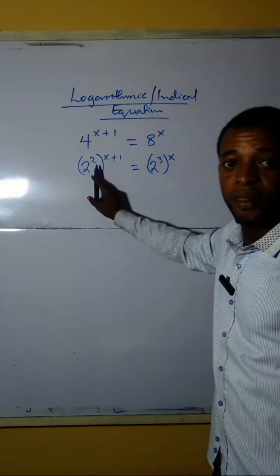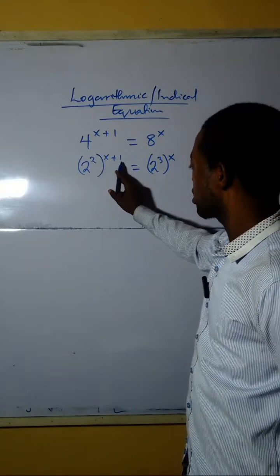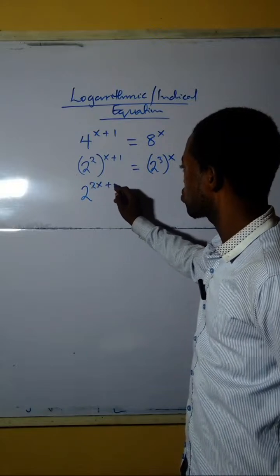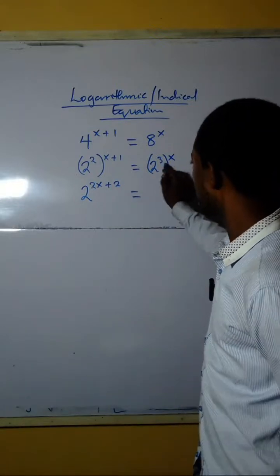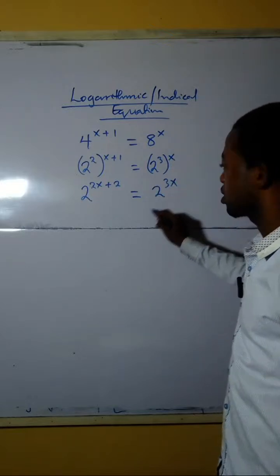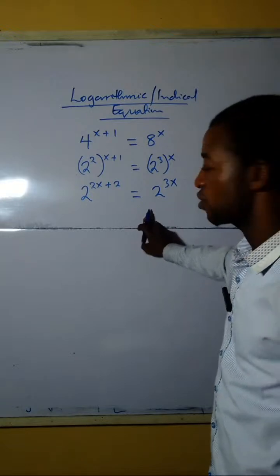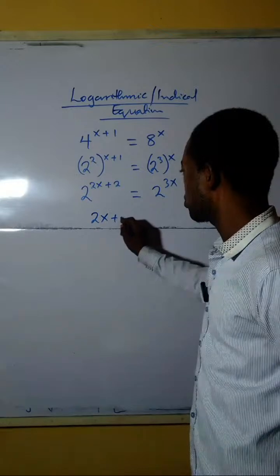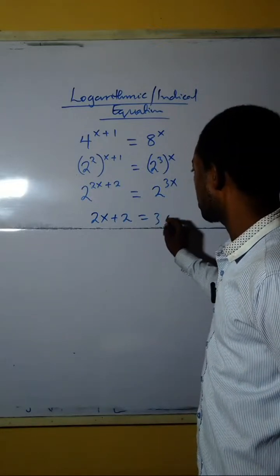Then here, 2 can multiply x and 1, so this becomes 2 raised to power (2x plus 2). That equals 3 multiplied by x, so we have 2 raised to power 3x. Then we have the same base now, so we can equate the powers, and we have 2x plus 2 equals 3x.